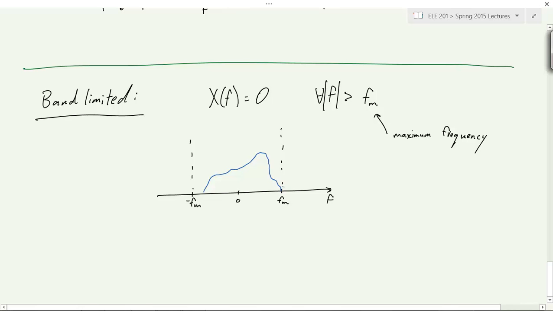So there's an example of a band limited signal. Now I'm drawing Fourier transforms like real valued functions. That's just because for this discussion we only need to know where the spectrum is. Of course, it's complex valued. We know that.